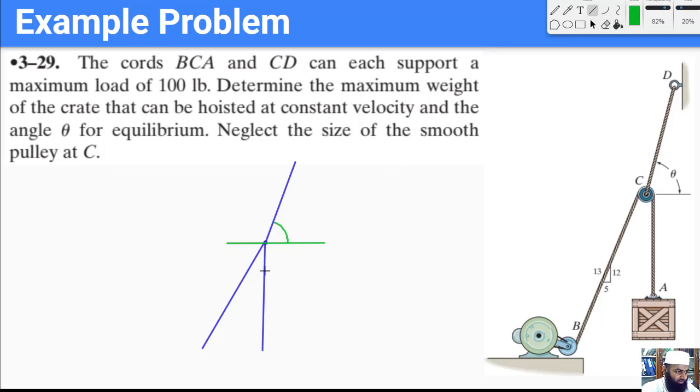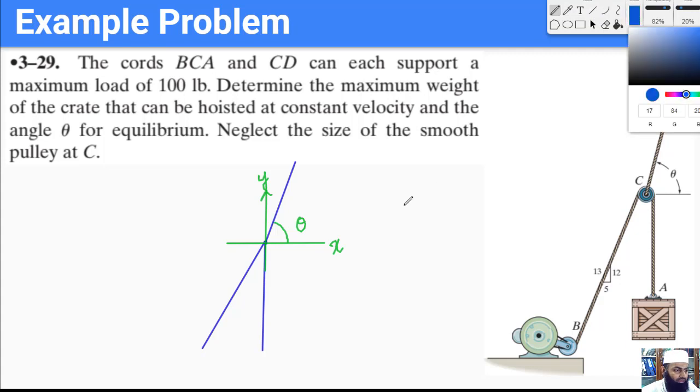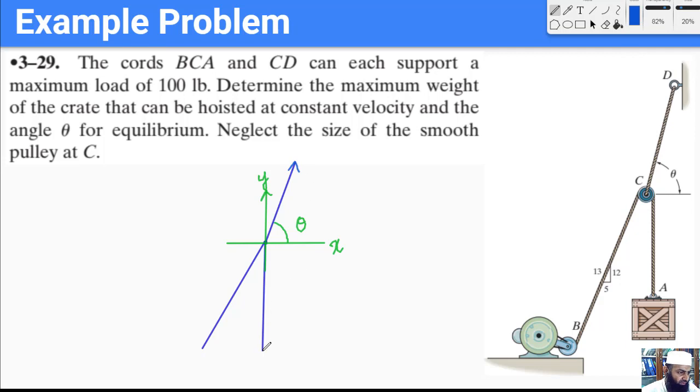Let me draw it again. So this is our x-axis, this is our y-axis, and this angle is theta. And so these are the forces.